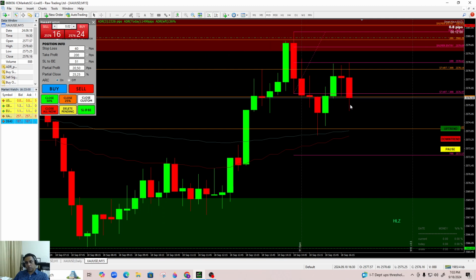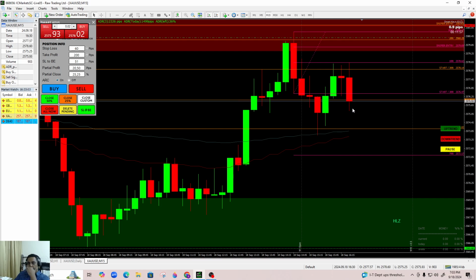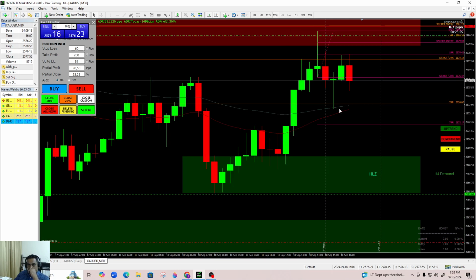This is possibly the M30 low wick that we're creating here. So the candle broke the high first, came down, probably creating a low wick now to go further up.